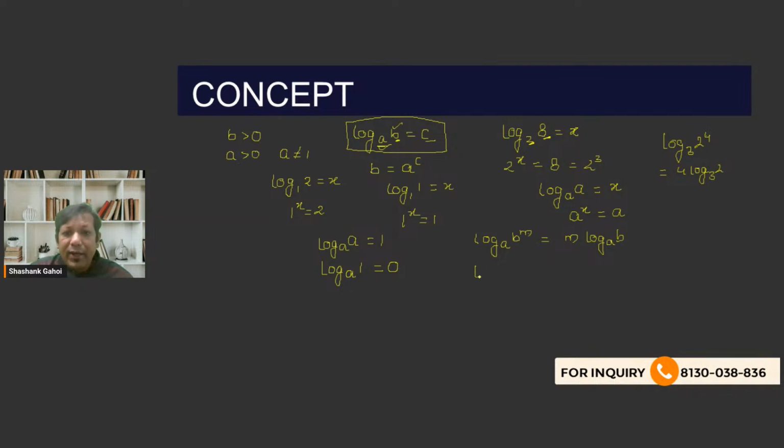Now, if I have the formula log b base a plus log c base a, if the bases are the same and it is being added, it means the inner values are going to be multiplied.